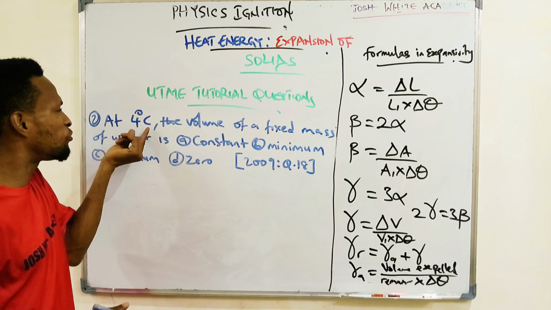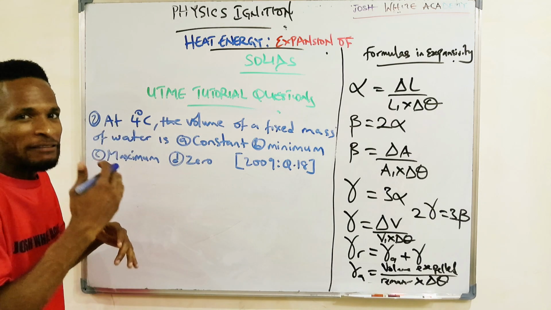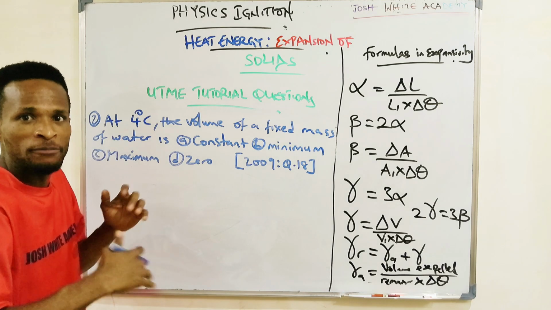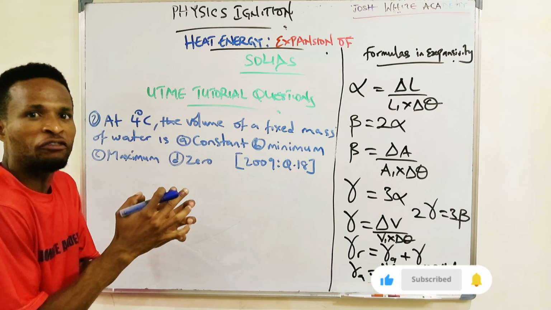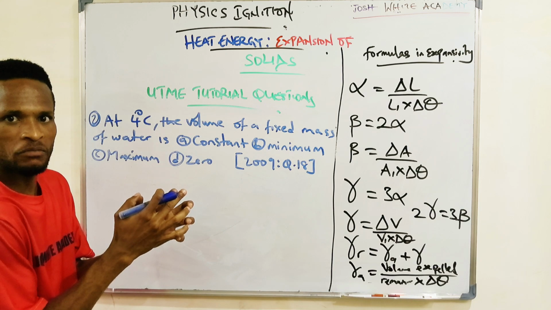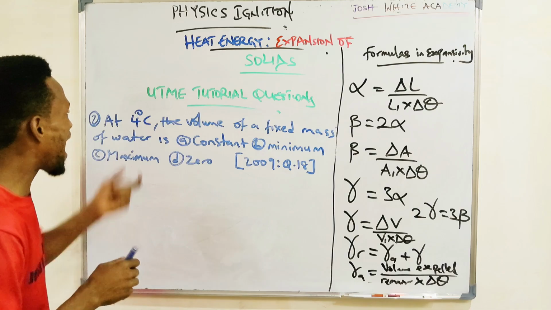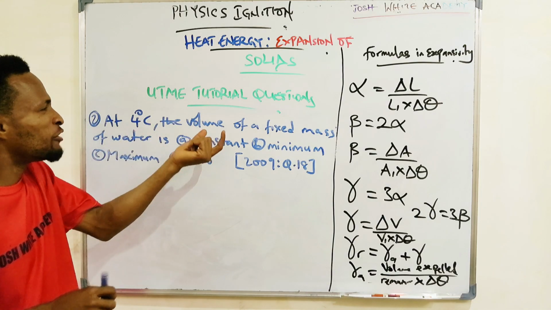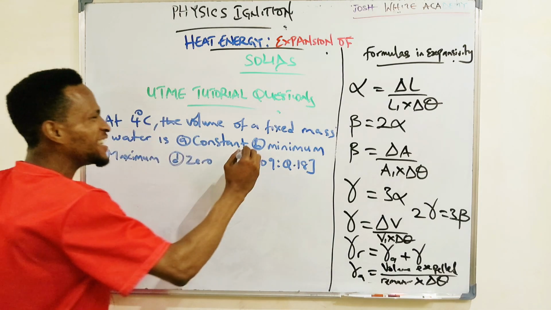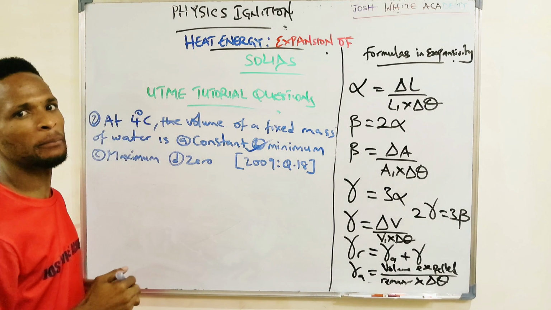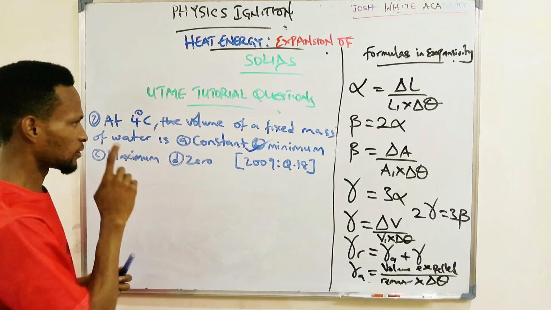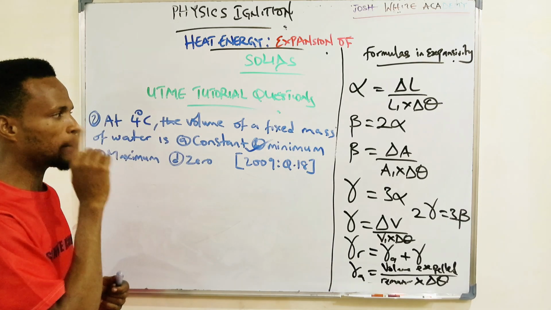But when it reaches between 0 to 4, it begins to contract, and its contraction reduces volume. That means at 4 degrees Celsius, the volume is minimum, whereas the density is maximum. So the answer is minimum.